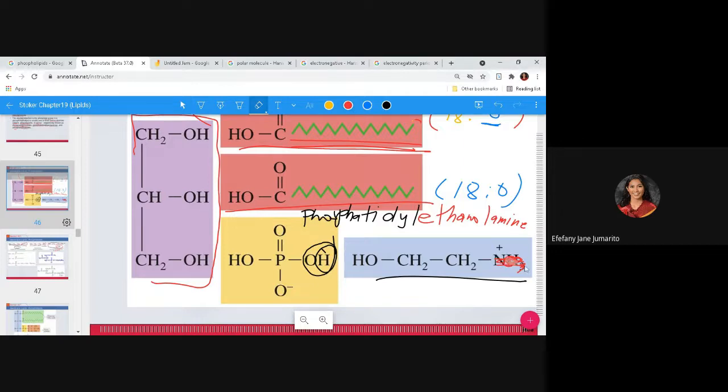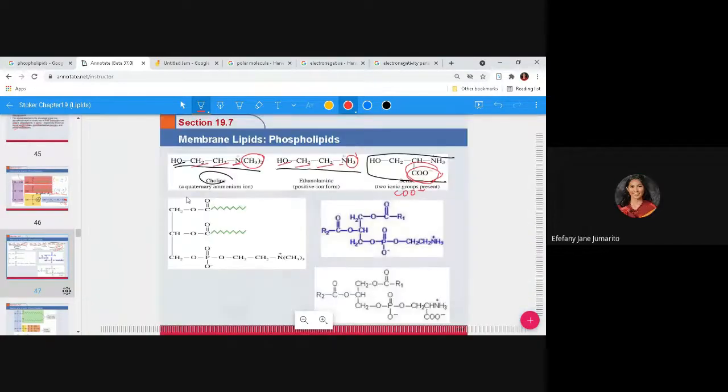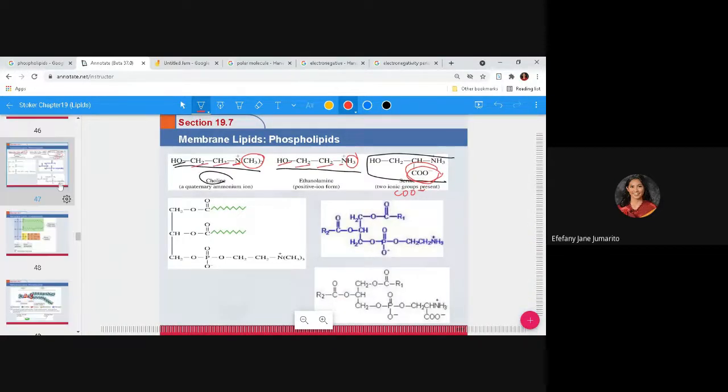So what will be the name? Phosphatidylcholine. Okay, phosphatidylcholine. That's it.